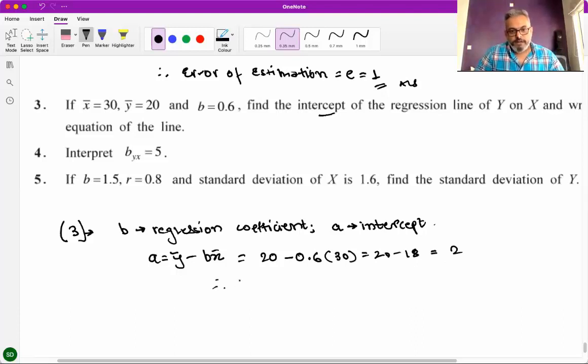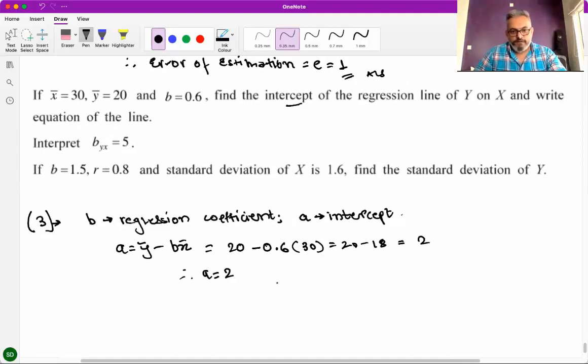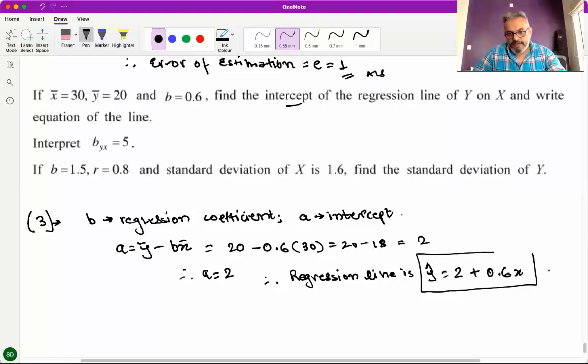Therefore, A is equal to 2. Now the equation of the regression line is y cap is equal to A plus bx. Answer.